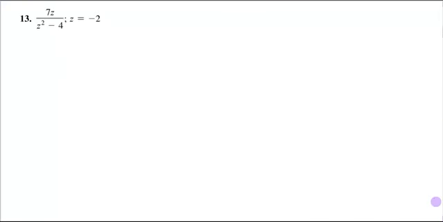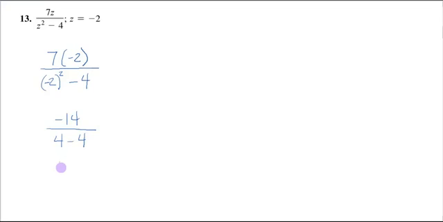And if we want to evaluate this, again, we'll put z as a negative 2. So 7 times negative 2 all over negative 2, we want to square that entire negative 2, minus 4. So this is negative 14 over 4 minus 4.